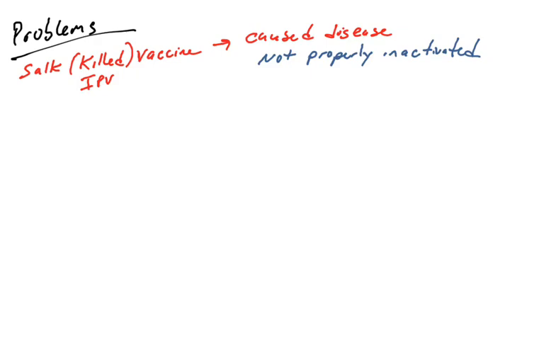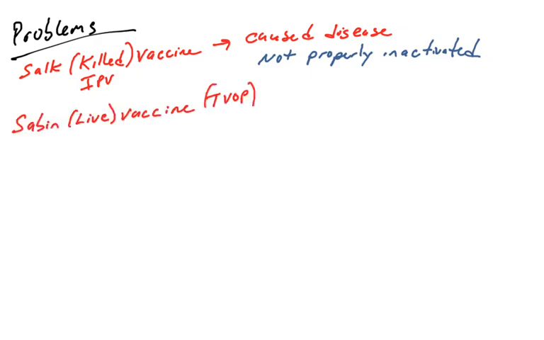And there were some cases of individuals who contracted polio via the Salk vaccine. Nowadays, there's much better quality control, and individuals are not coming down with polio or the paralysis due to polio via the inactivated vaccine.